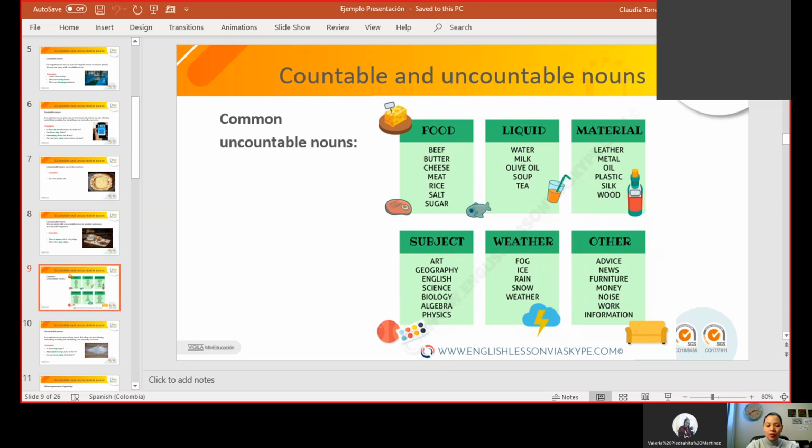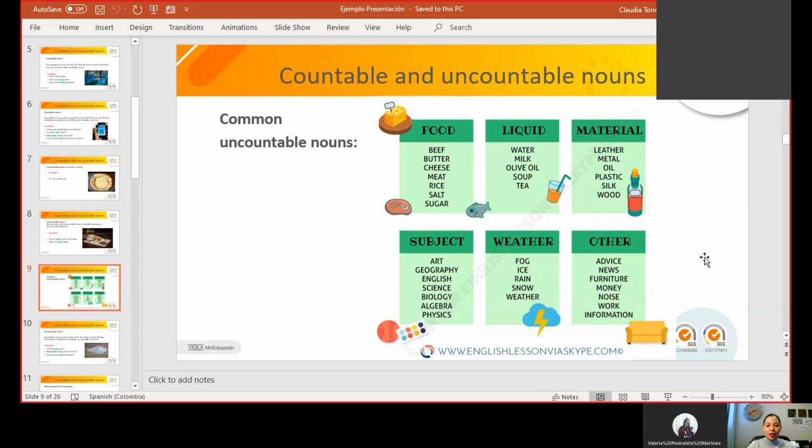Okay, a piece of advice. And the same with furniture. So a piece of furniture or some furniture.